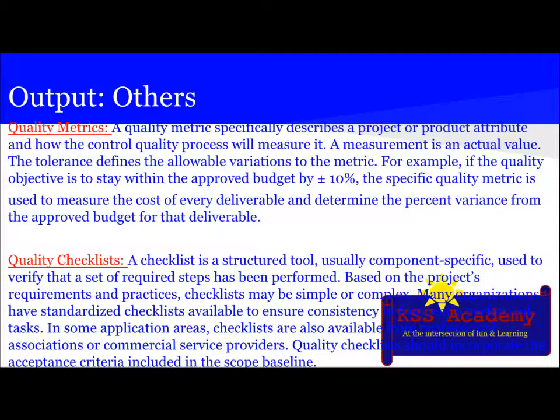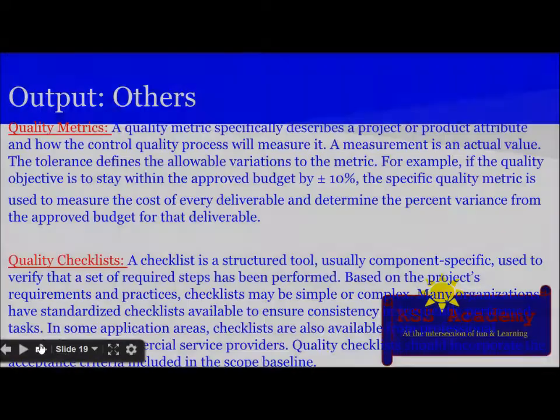In some application areas, checklists are also available from professional associations or commercial service providers. Quality checklists could incorporate the acceptance criteria included in the scope baseline. And the next output is project document updates, which updates the relevant documents related to quality management.